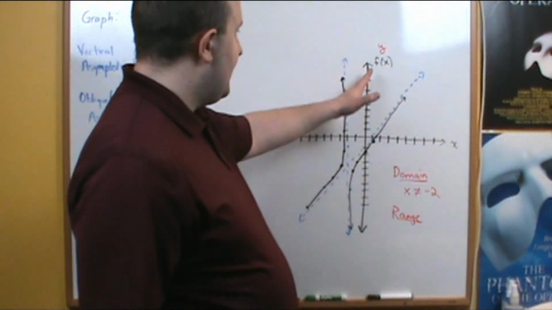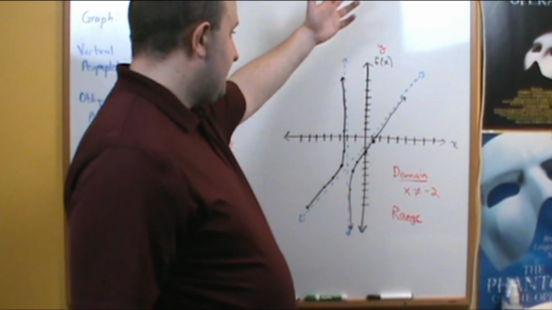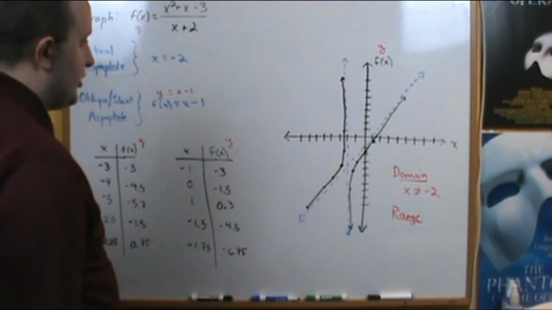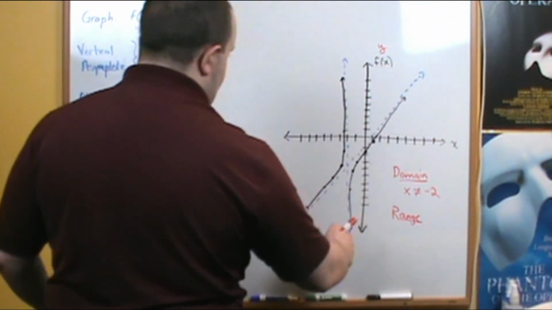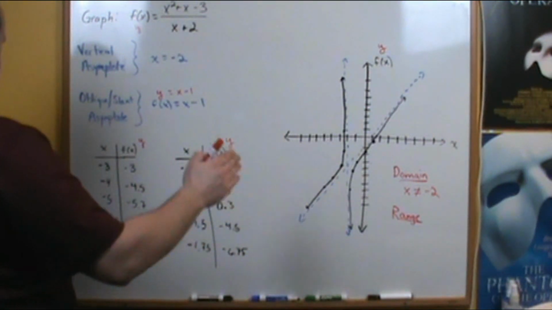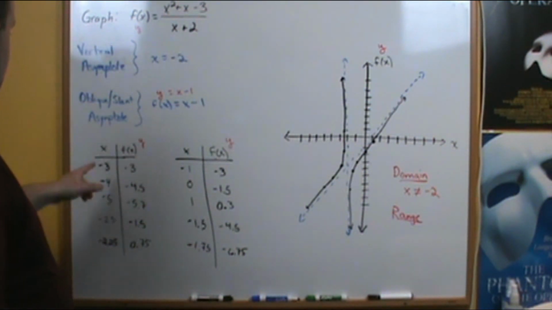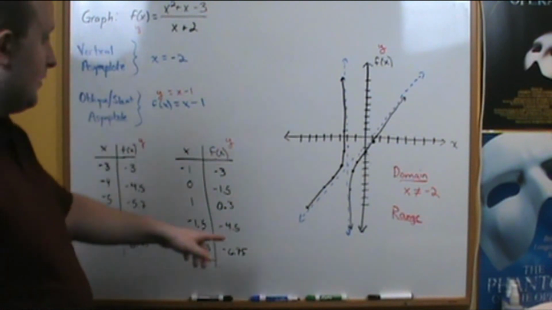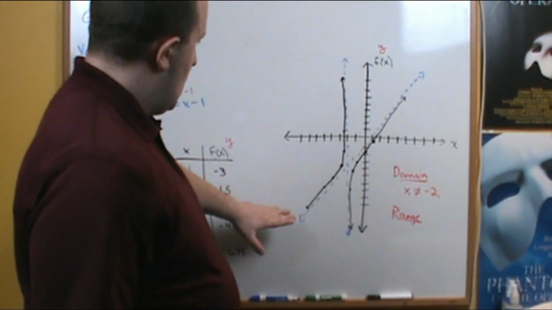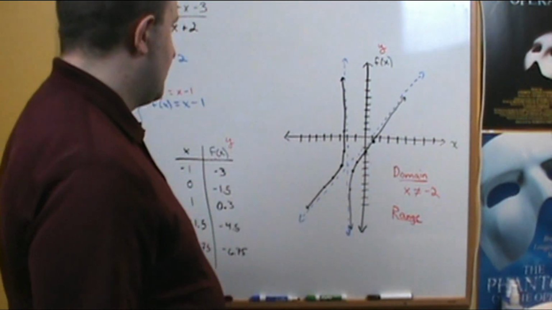We can produce any value of y up to +infinity. So if we input any value for x, except for -2, we will get any real number value for y.